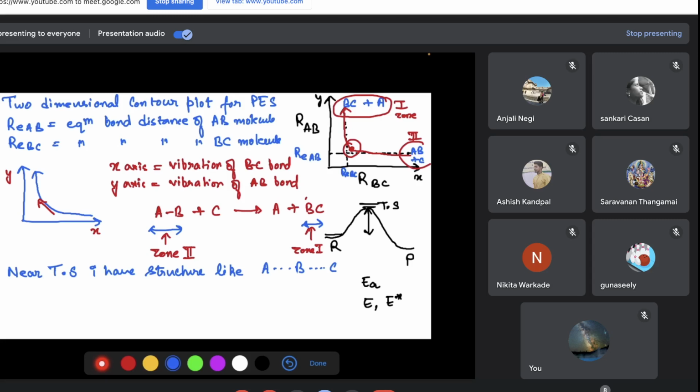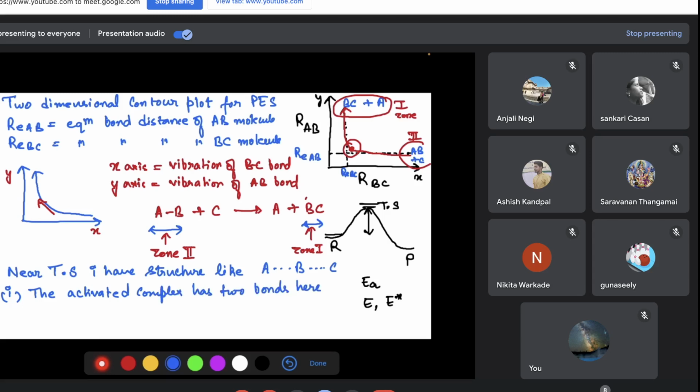The point to note is that the activated complex has 2 bonds here.